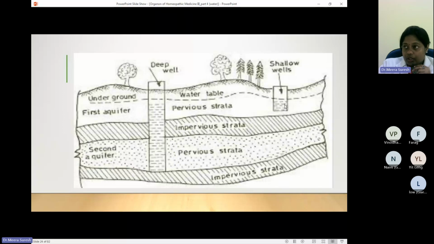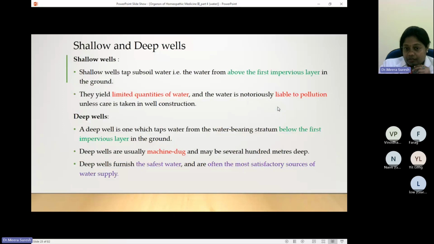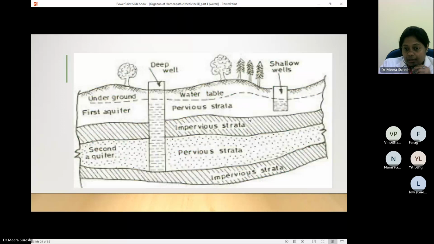I am stressing this again because I have seen this asked in many MCQs: where is the water in the shallow well tapping from? It is coming from above the first impervious layer.